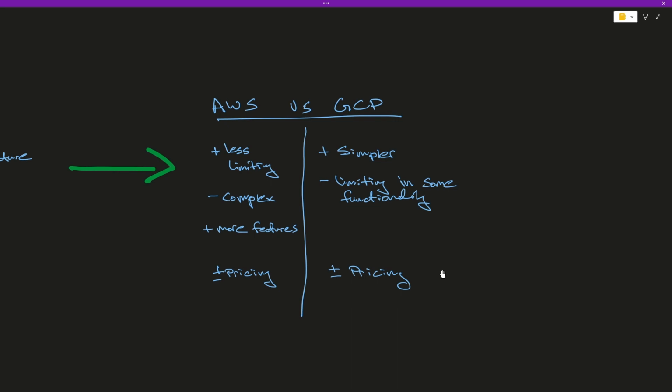Whereas AWS, I believe, is more complex. It's more raw, but it gives you the greatest flexibility, right? If you want to set up the security groups, the VPNs, the VPCs, it offers a lot of flexibility.